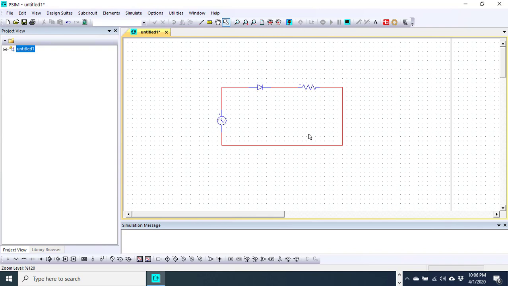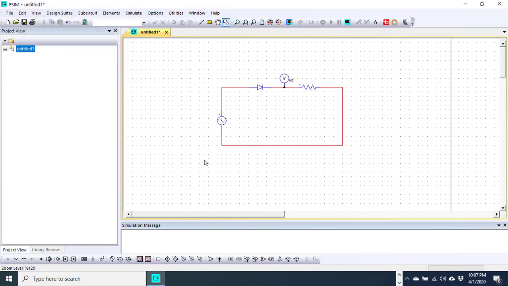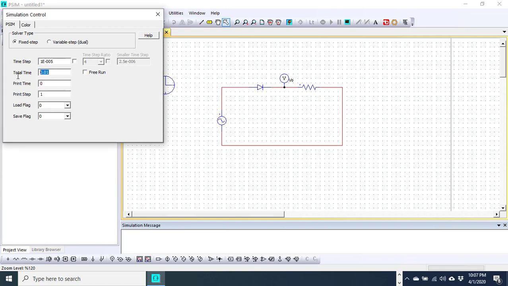For monitoring the output waveform, I need a voltage probe over here. So this is basically output voltage. And then I need a simulation timer that I have to decide how much time my simulation will run.